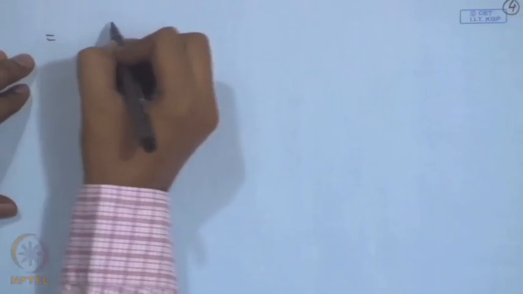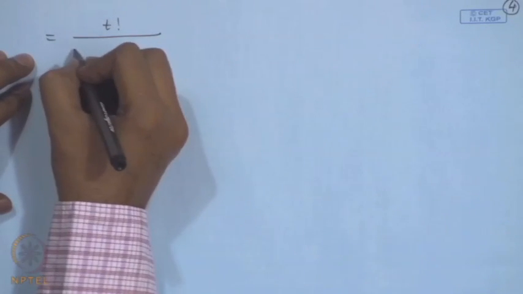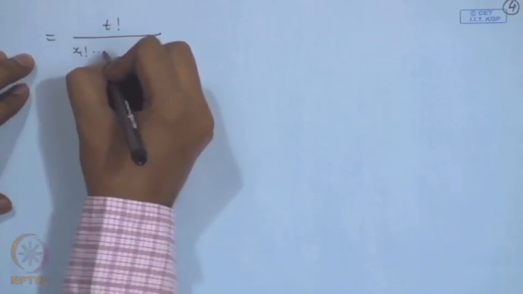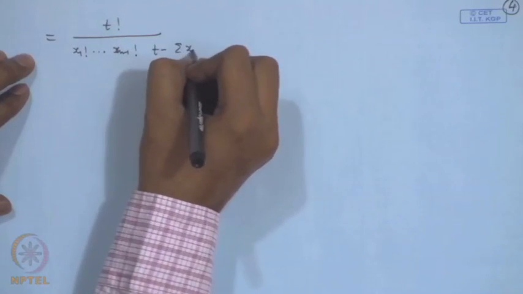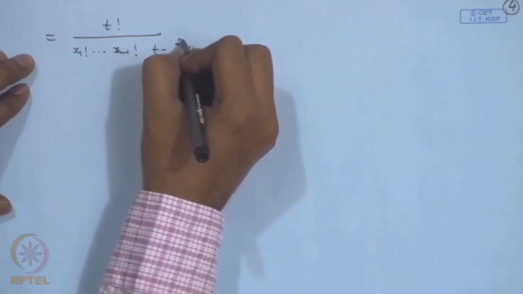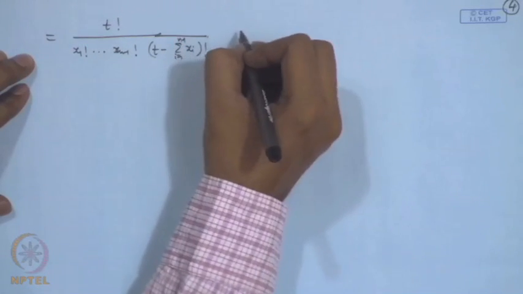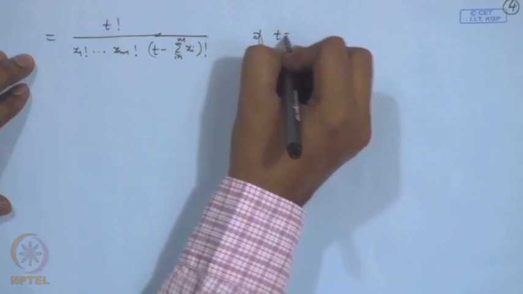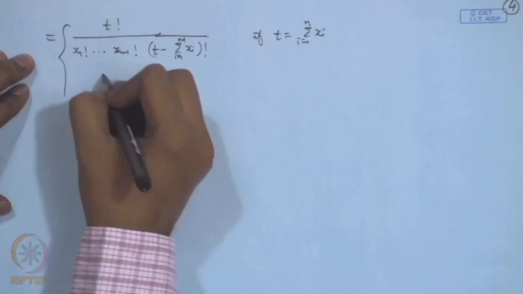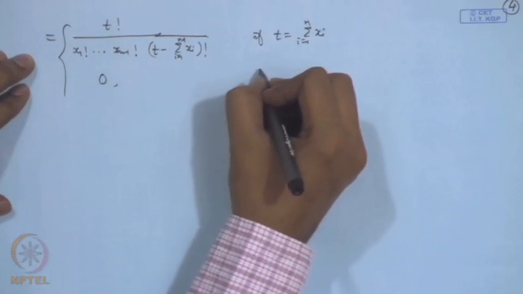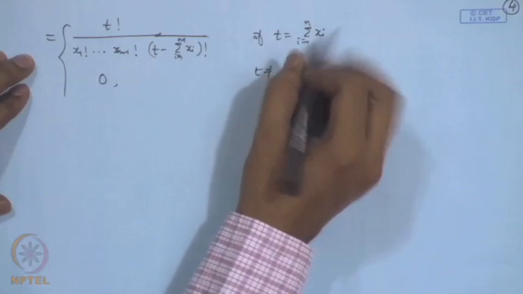This is equal to t factorial divided by x1 factorial, x2 factorial, ..., x(n-1) factorial, t minus sigma xi, i equal to 1 to n minus 1, factorial, if t is equal to sigma xi, and it is equal to 0 if t is not equal to sigma xi, i equal to 1 to n.